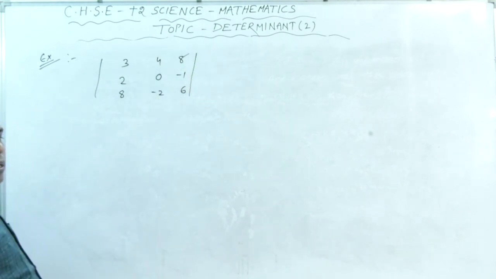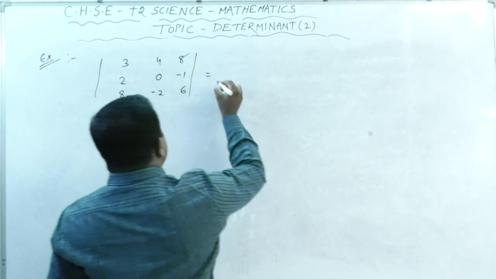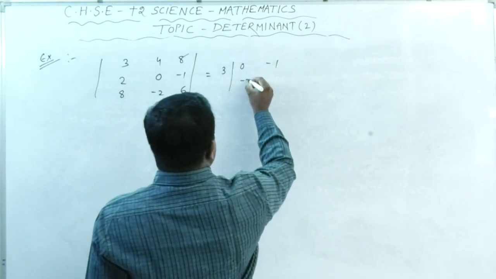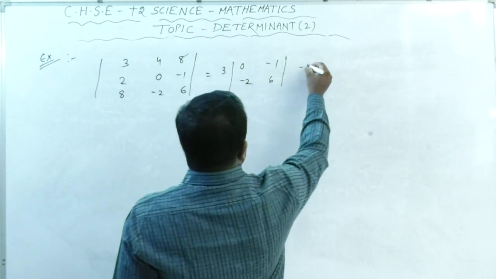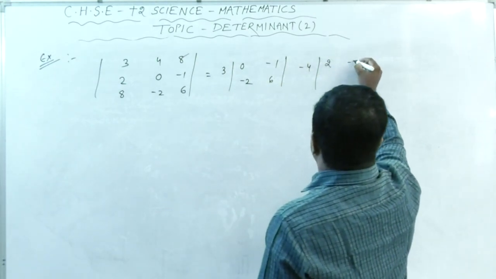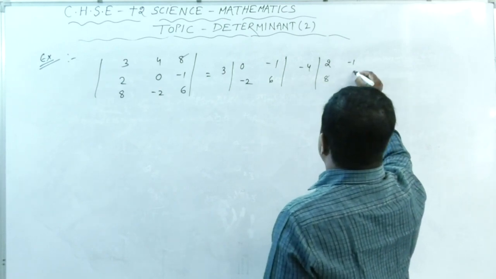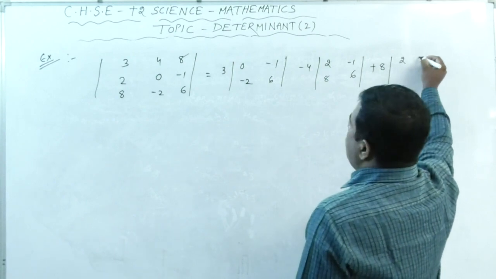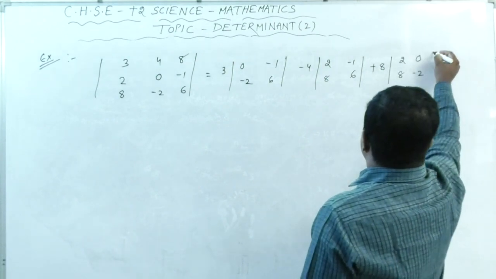Now first of all, evaluate it. What is this value? 3 times of 0, minus 1, minus 2, 6, then minus 4 times of 2, minus 1, 8, 6, and plus 8 times of 2, 0, 8, minus 2.